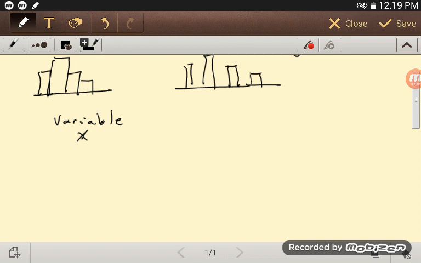Let's take something like, I roll a die. Now this is something discrete.